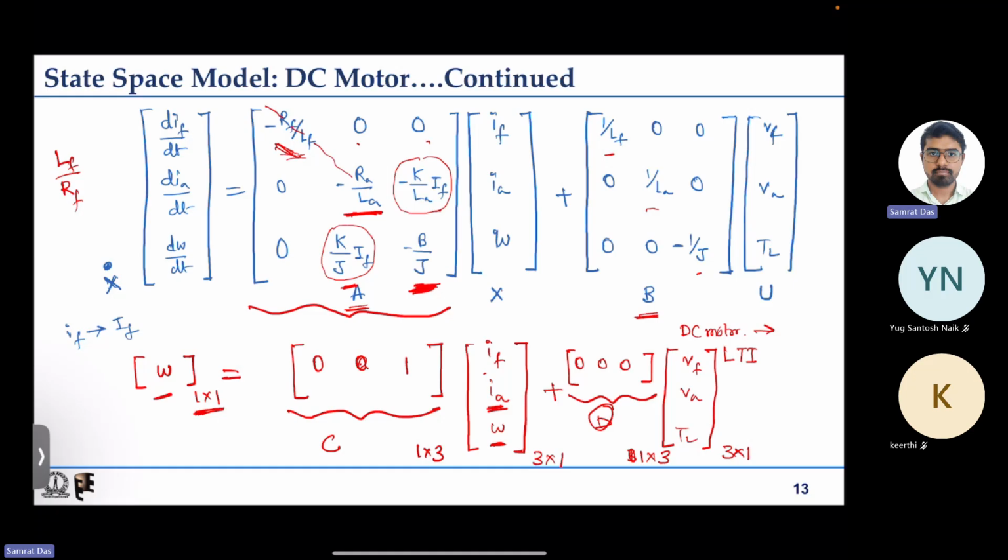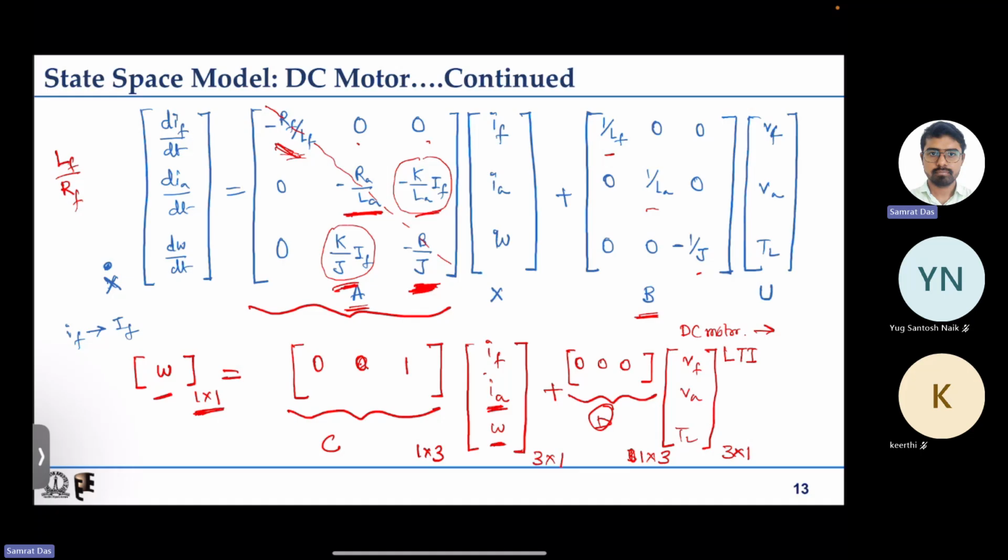So the diagonal elements are all time constants. These include some information about the system, and also the other terms like this one and this one. These show how two states are dependent on one another, like ia and omega, they are related in the equation.